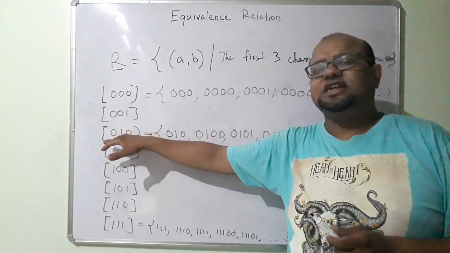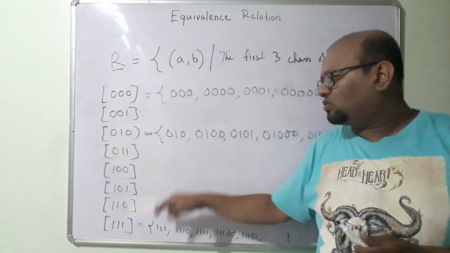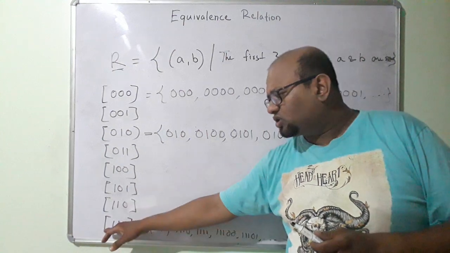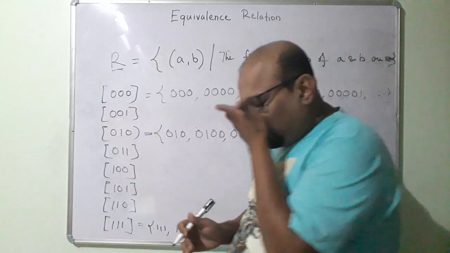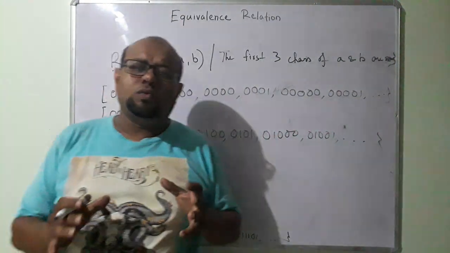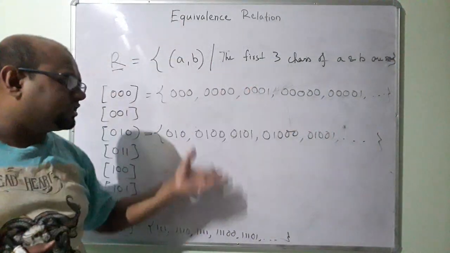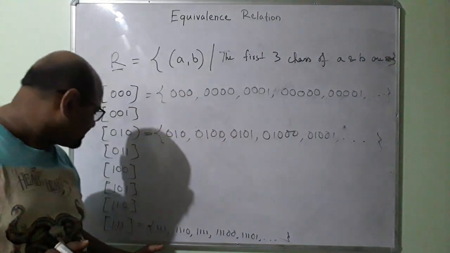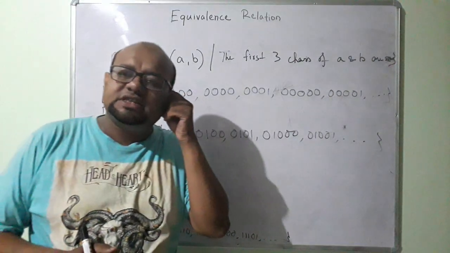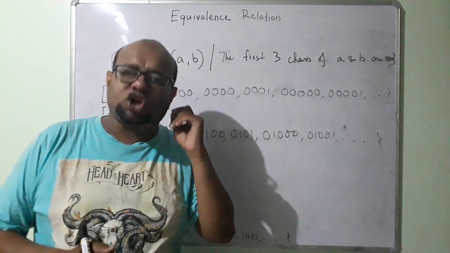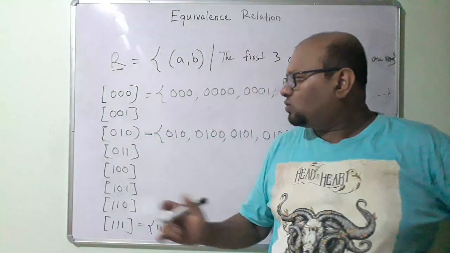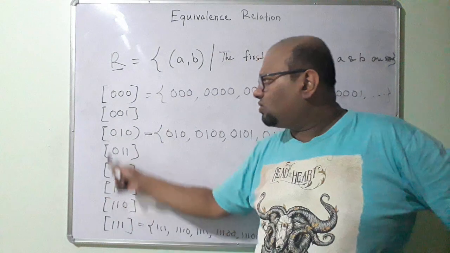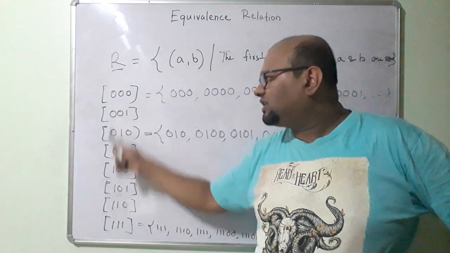All those that start with 0, 1, 0 will belong to this, and so on. All those that start with 1, 1, 1 will belong to this class. So what will all these different classes together do? I have 8 classes over here. These 8 classes are disjoint, so a string will belong to one of these sets.